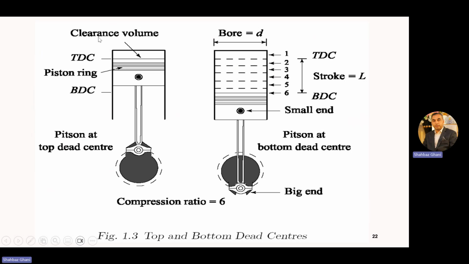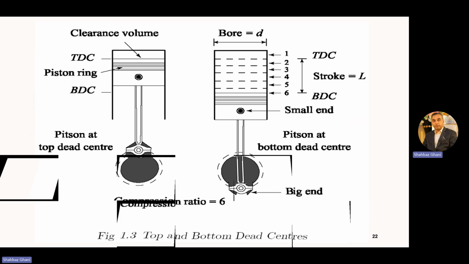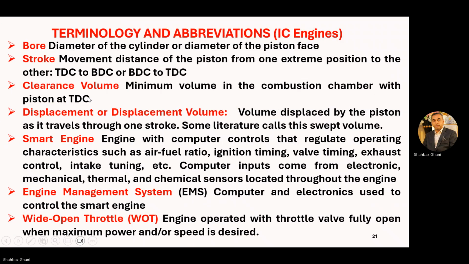This portion is your piston head, and this portion is your engine block. And this portion above the piston head, that clearance, that space, is known as the clearance volume: the minimum volume in the combustion chamber when the piston is at TDC.